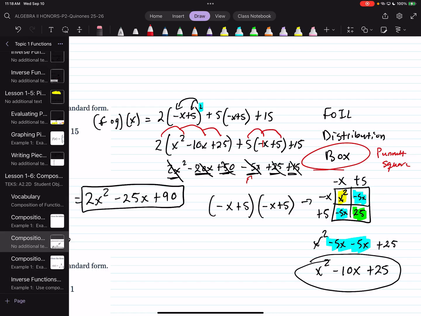Negative 6 times positive 11. Close. Plug in. Negative 6 times 11. You were at this spot here.